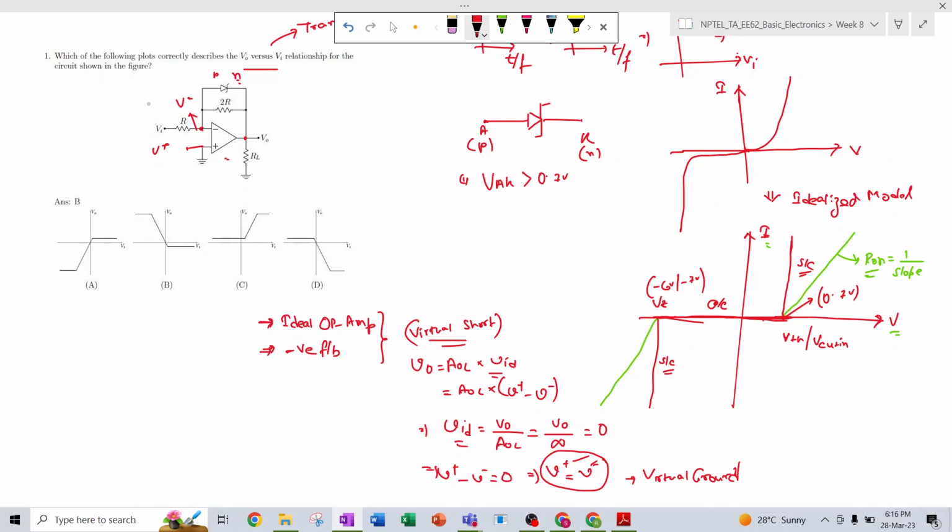So we are seeing that case only, and it is the case of an inverting op amp. Why inverting op amp? Because we are applying the input voltage Vi to the inverting terminal, not to the non-inverting terminal. So it is known as the inverting op amp, and it will behave basically as an inverting op amp.